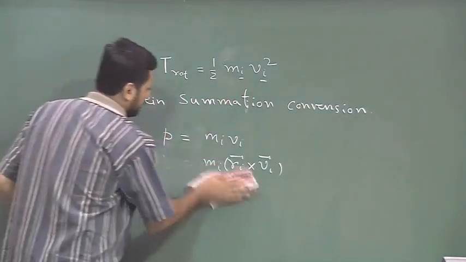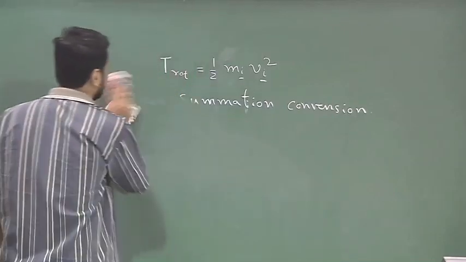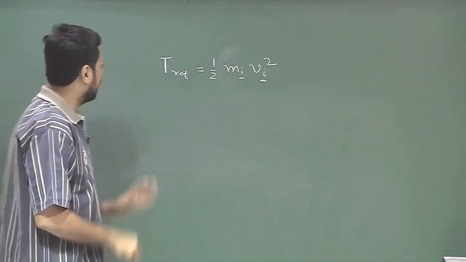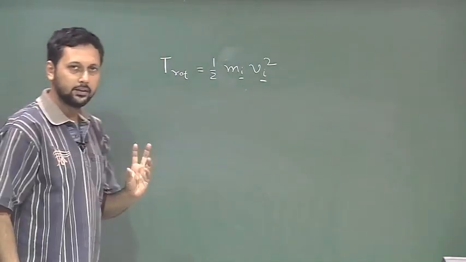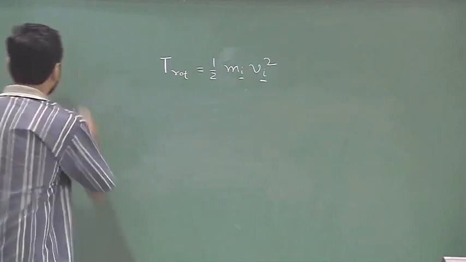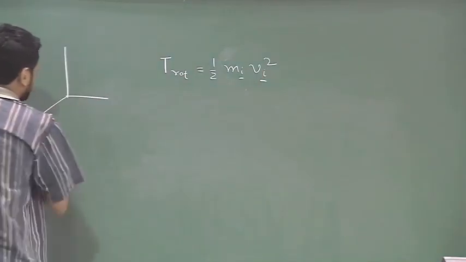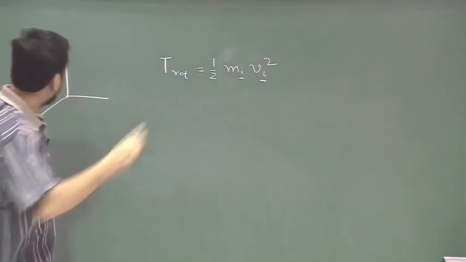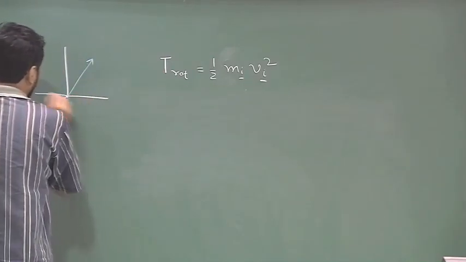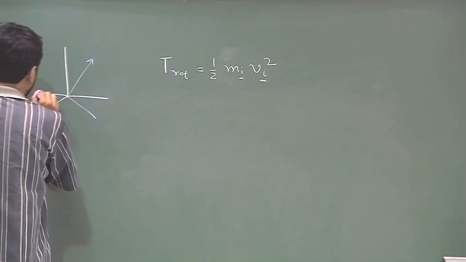Right. So, coming back to the dynamics of a rigid body. The situation was the following: we have a rigid body, and there is a space set of axes which is fixed in space, and there is a body set of axes which is moving with the rigid body.